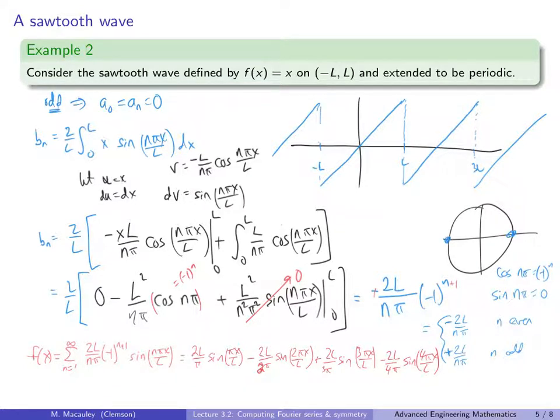These things cancel a lot better. Plus or minus, and so forth. So we get this infinite sum. Now we have even and odd terms.